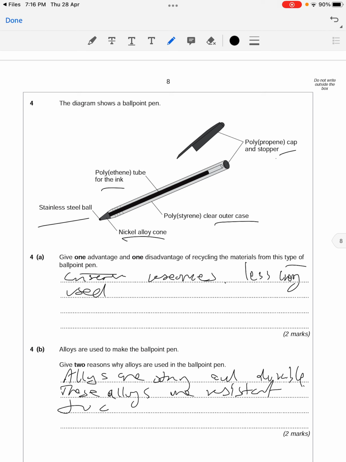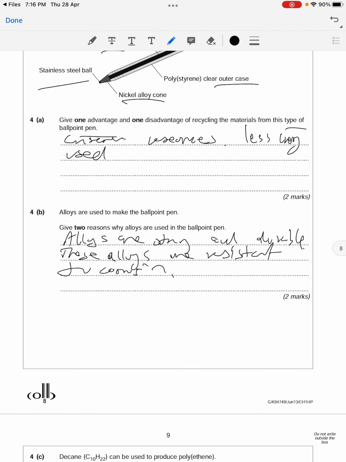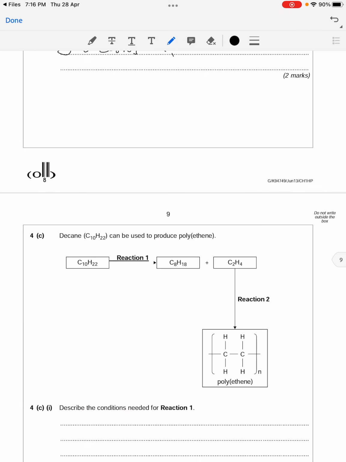Since the alloys are very strong and durable, they're also resistant to corrosion, meaning they are unreactive, so they do not rust. That's one mark for saying hard, strong, and durable, and another mark for saying resistant to corrosion. They do not rust.